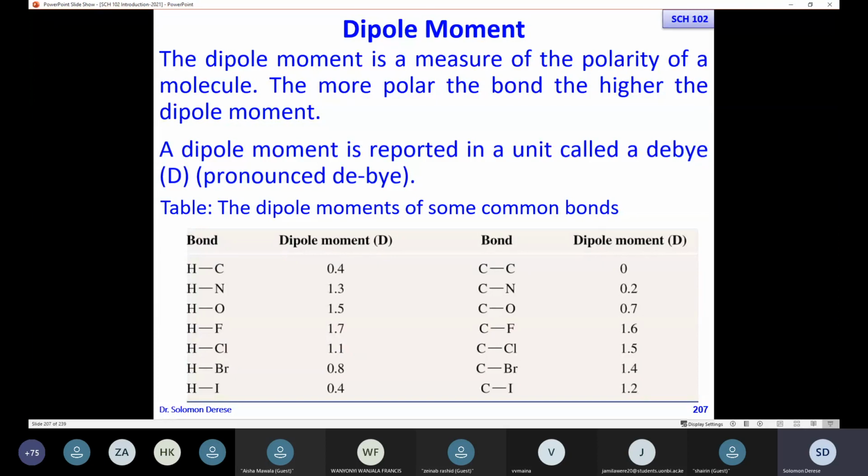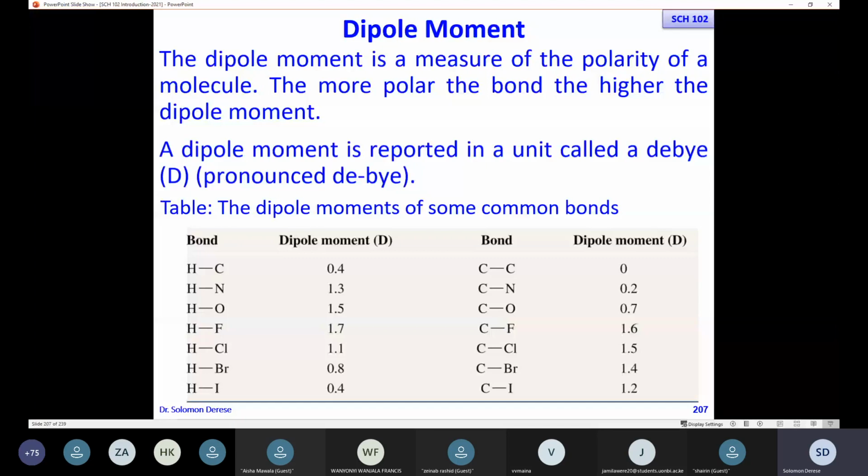So the dipole moment is not the difference in electronegativity between the two elements, as we shall see in a short while, because two factors influence the dipole moment or polarization of a bond. One is the electronegativity difference. The other one is the size. So the dipole moment, as it measures the polarity of a bond or of a molecule, takes both factors into consideration.